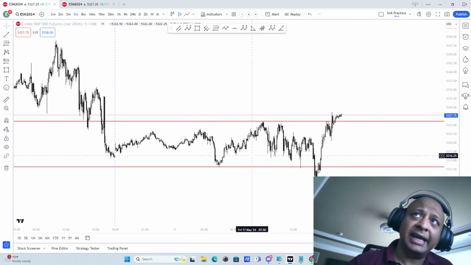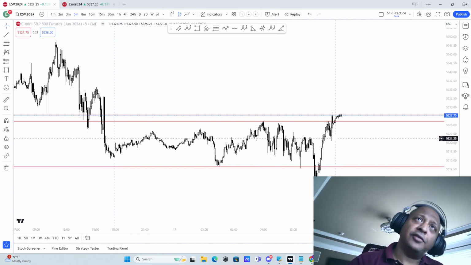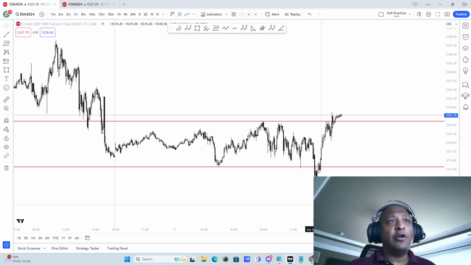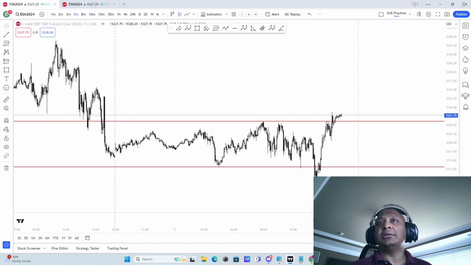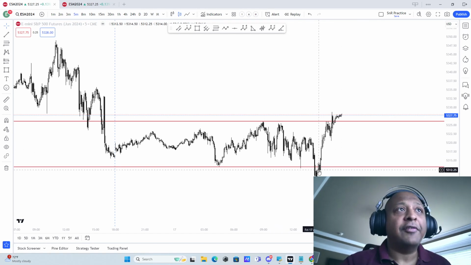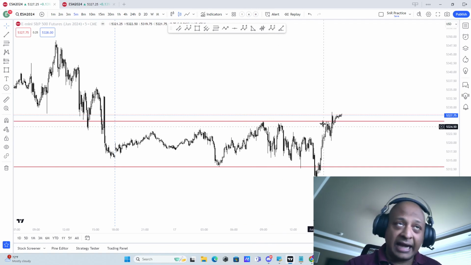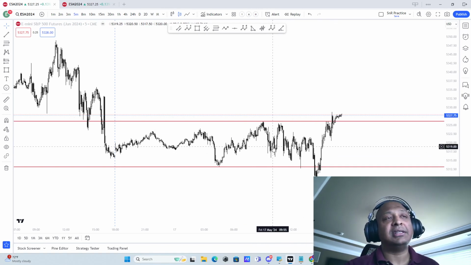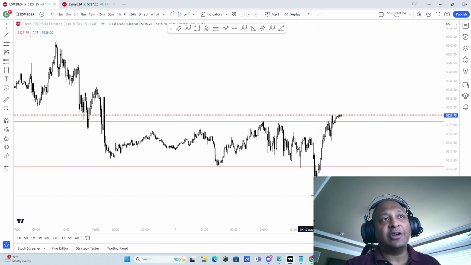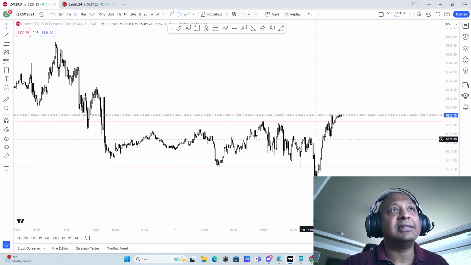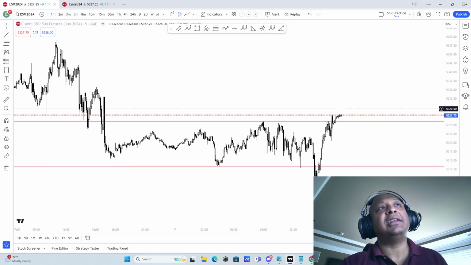On a typical day, we either break out of the Globex high and keep going, or we break down from the Globex low and keep going, right? However, if you have a tight trading range day like this, what happens is we can break the Globex low, come back into the balance area, and then break the Globex high.